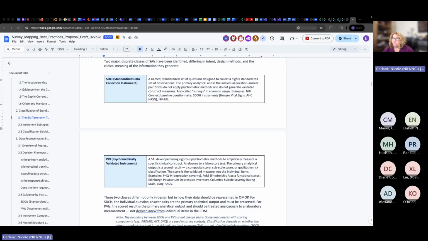I think from my perspective, I definitely see this as an iterative process. I don't think we're going to land on perfection in one go. But is there something we could put out in this calendar year that will give people who can't wait for another table to be developed a way to start getting their surveys into OMOP, not siloed, and done in a consistent way that gives us the chance to pool?